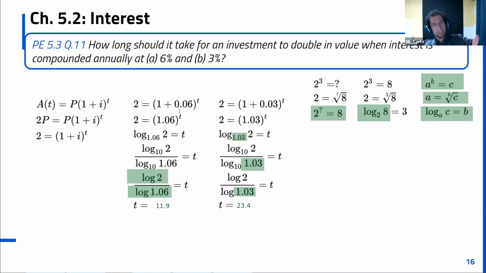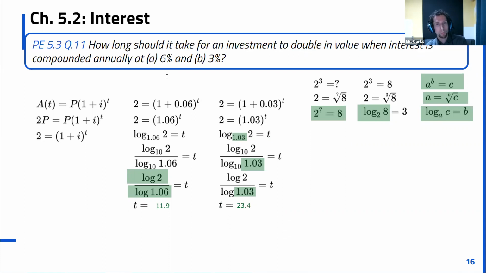So using this logarithm tool, we can see that if we want our investment to double, and the option that we have is like, here's a savings thing, a bond or whatever, that's guaranteed 6% compounded annually, then we'd have to leave our money there for 12 years in order for it to double.